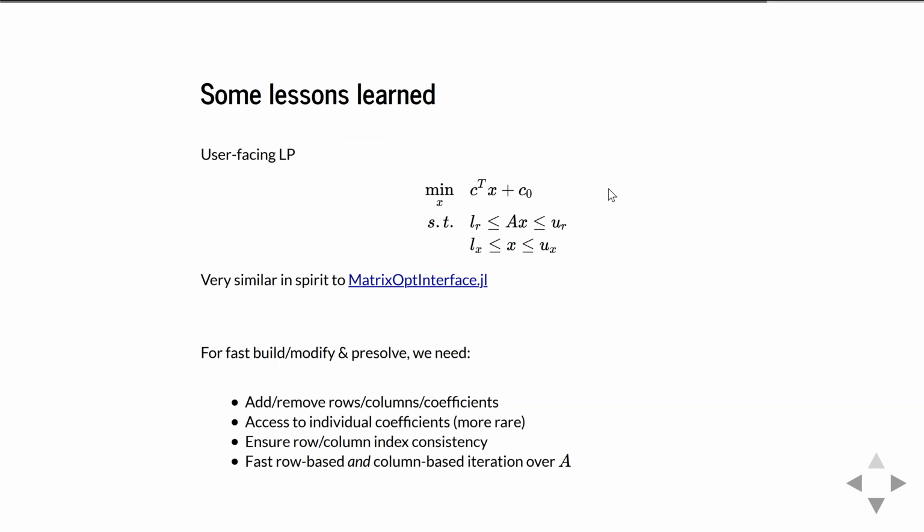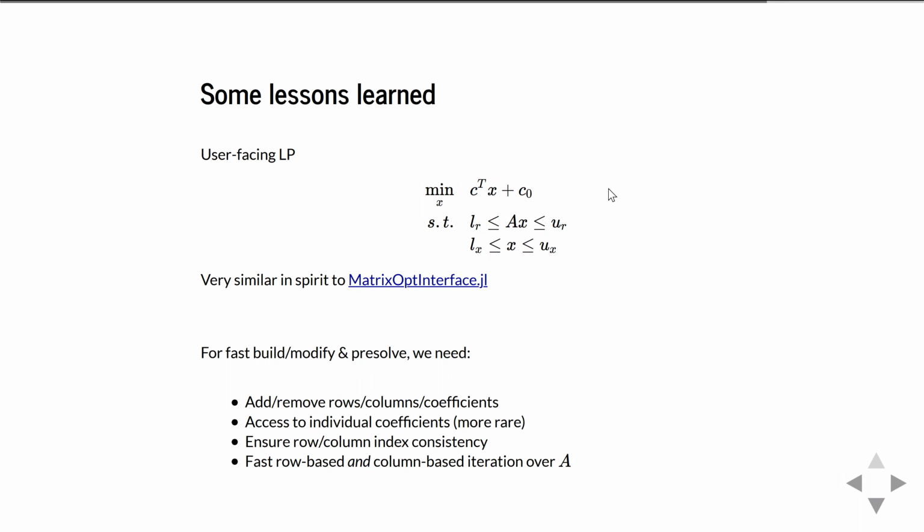Now, when users are creating, modifying, and accessing things in the model, we need data structures built as follows. It needs to be efficient to add or remove columns, constraints, or individual coefficients. That's one of the requirements. You need access to individual coefficients. It's a bit more rare, but it should still be possible.